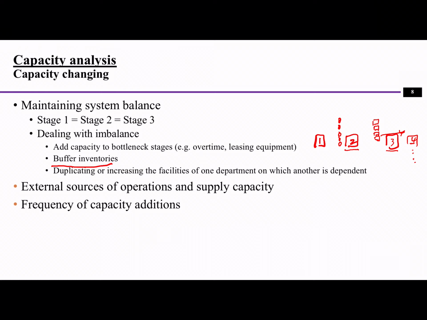And there's one term in lean production called the Kanban system. So the Kanban system is to build, at each of the processes, a certain small inventory. Remember this word, small inventory, right? You don't want to accumulate a lot of parts for storing and increase the storage cost.